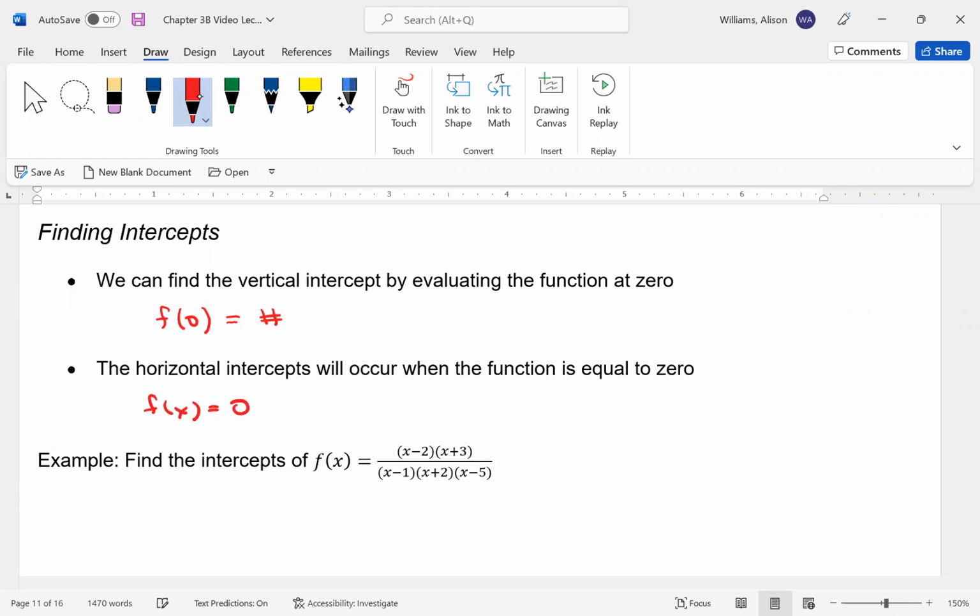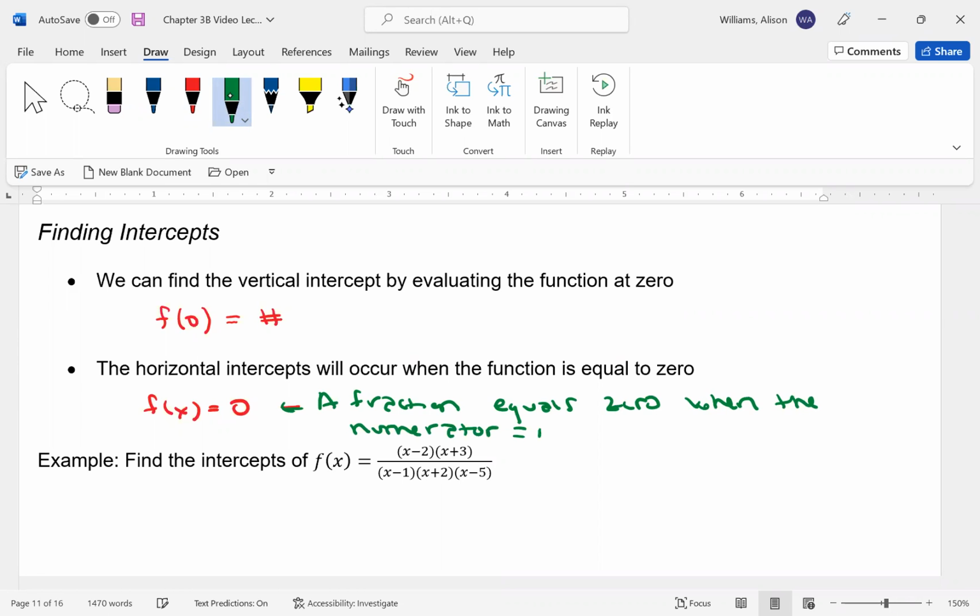Now, if we're working with a rational equation, meaning we have a fraction equals 0, a fraction equals 0 when the numerator is 0. Which really means to find the horizontal intercepts, I need to set the numerator equal to 0.